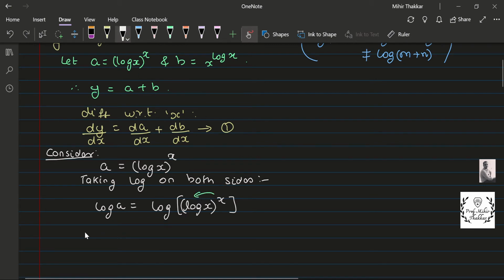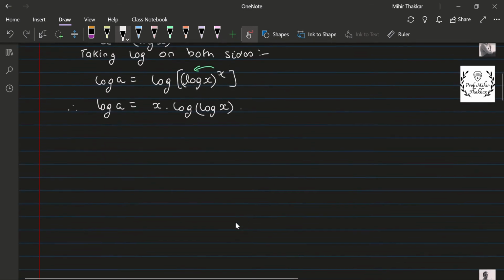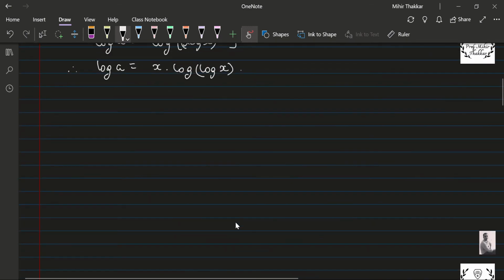So the answer that I get for log of a is x into log of log x. Now over here any further simplification is not possible.